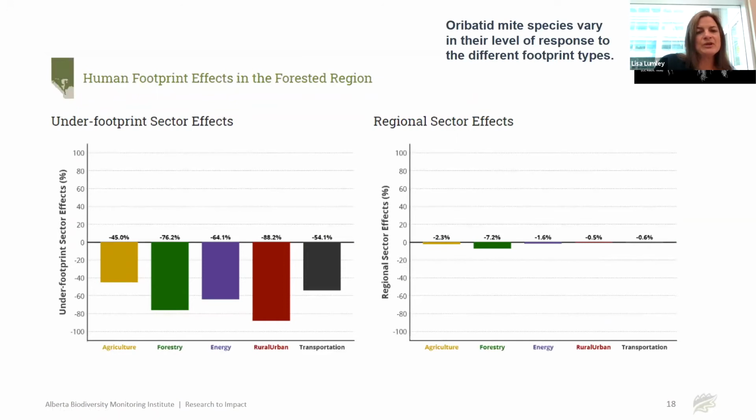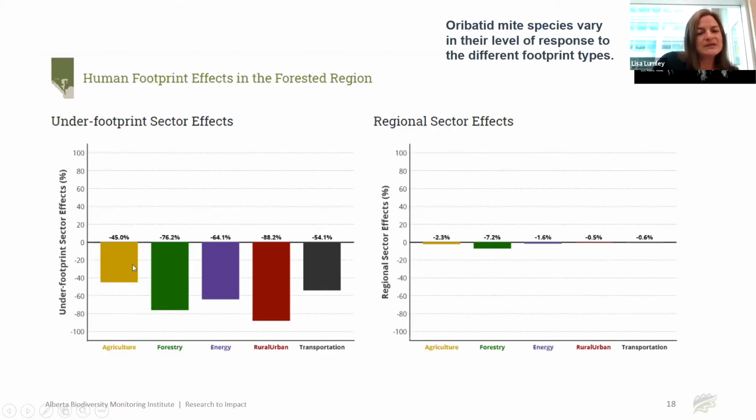And we have information on how they're being affected by different sectors. This is divided into agriculture, forestry, energy, rural, urban, and transportation. What I wanted to point out particularly first is that we have under footprint and regional.